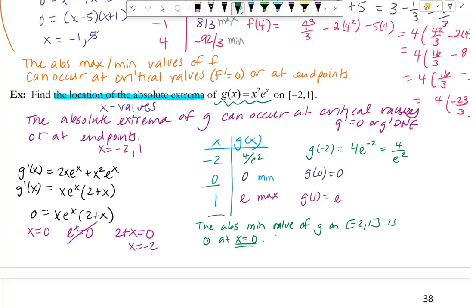Otherwise, we could just say the minimum value occurs at x equals 0. And then the absolute maximum value of g on the interval -2 to 1 is e at x equals 1. Again, if I don't include the information about the e, I could at least say that the absolute maximum value occurs at x equals 1.